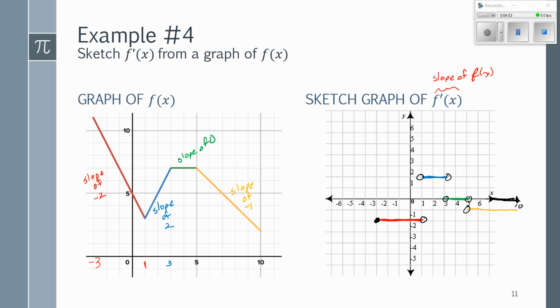But there are other mathematicians who say, well, no, a slope can only exist if the two-sided derivative exists. So if I were to put an open dot, like say at x equals 10, because that's the endpoint of the domain, that is acceptable as well. So for endpoints of domains, either open dots like here or closed dots like here are acceptable. It's just kind of pick what you're most comfortable with.